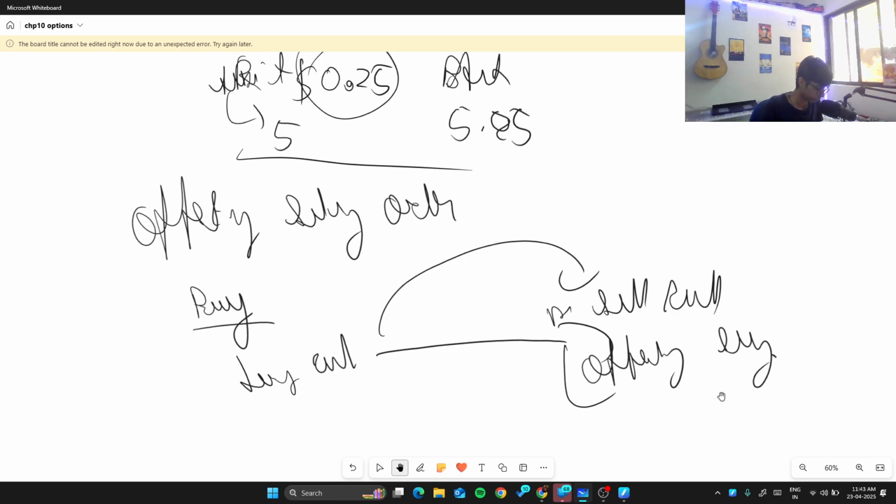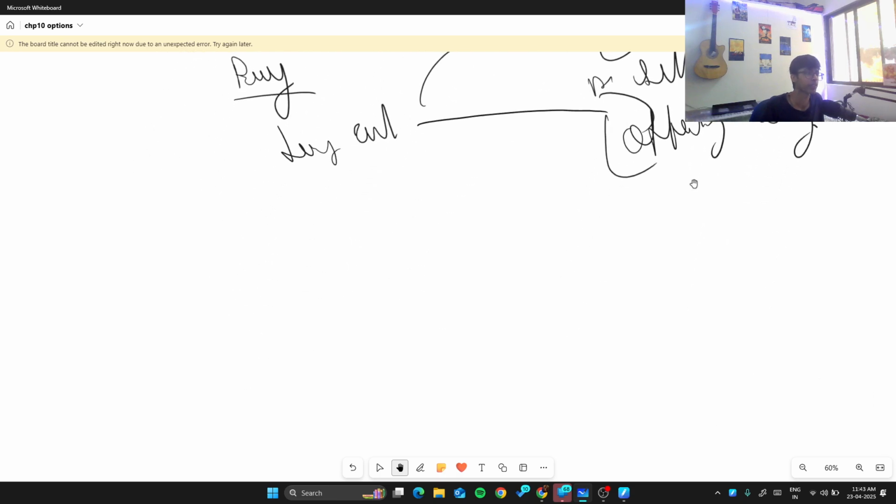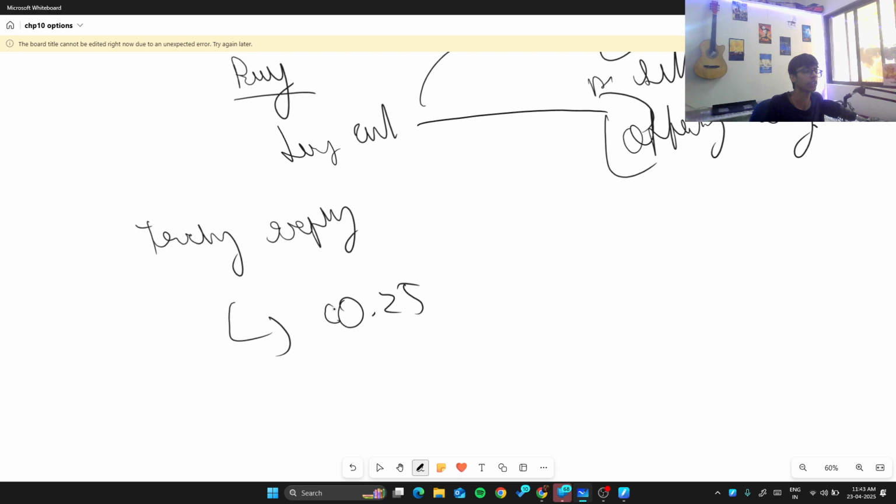And now trading cost, right? There are trading costs required for trading the option. So there is a fixed brokerage, say 0.25 dollar fixed brokerage fee, plus a per contract fee.